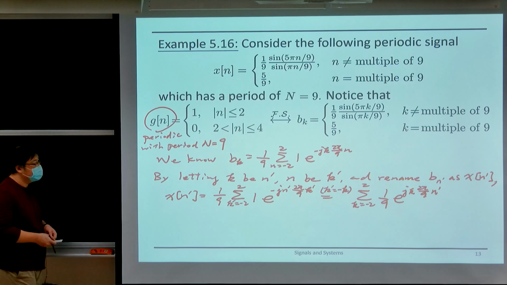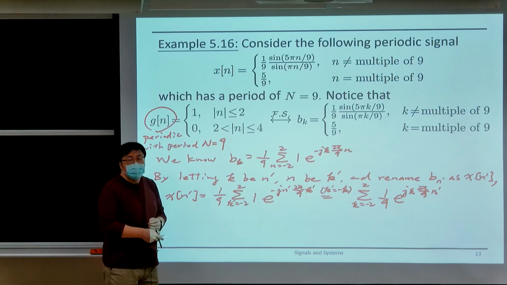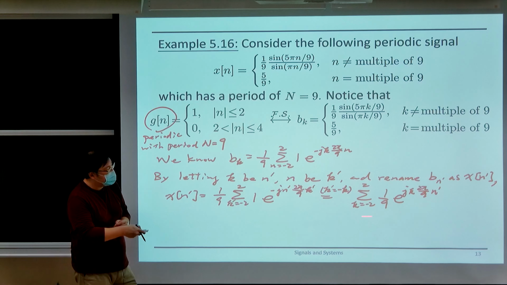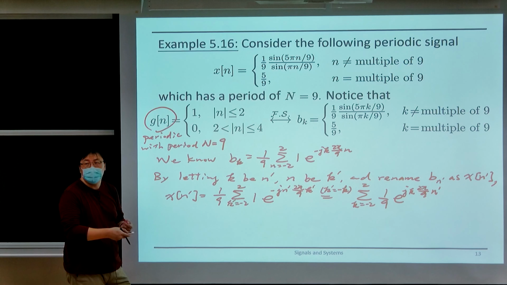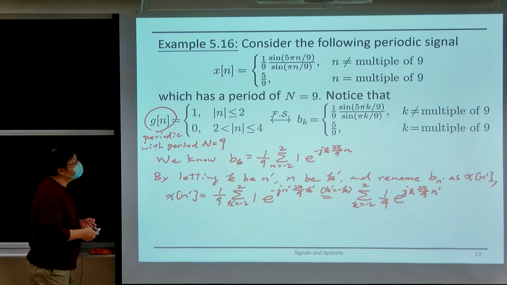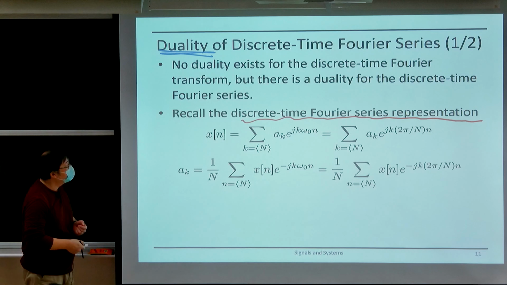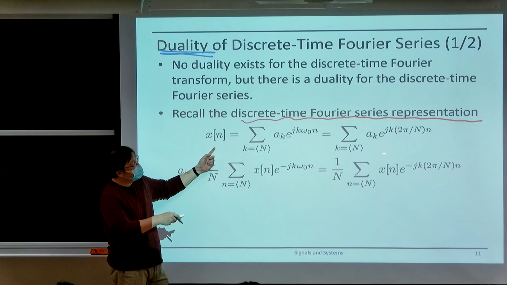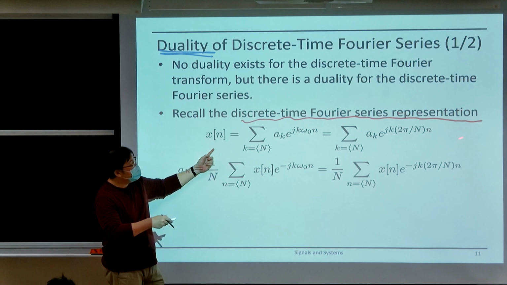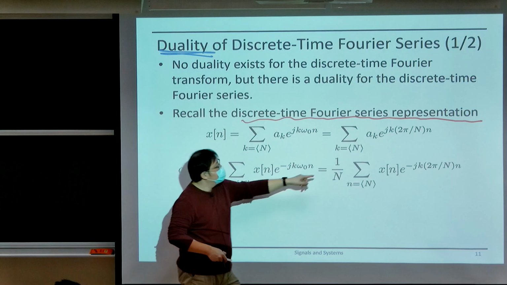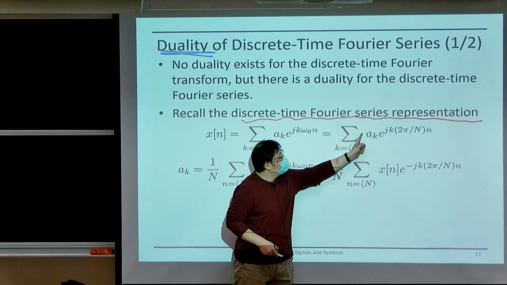If you look at this, this is exactly the form of this Fourier series formula. So this means that this thing in front of the complex exponential should be the Fourier series coefficient of xn.